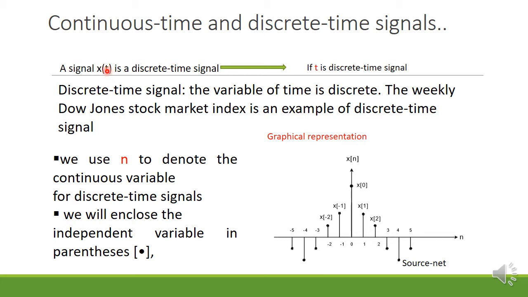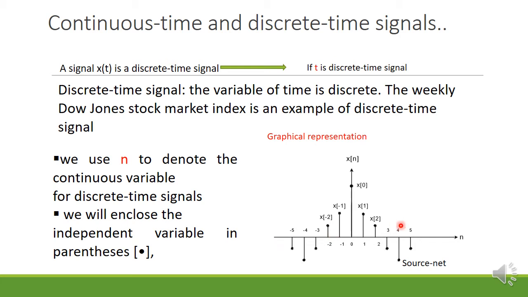When we say that t is discrete, then x of t is a discrete time signal, but to avoid this confusion we usually use n for the discrete time signal, and in the square brackets we take the independent variable.